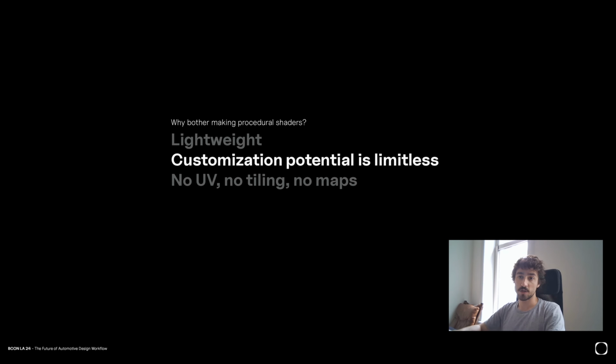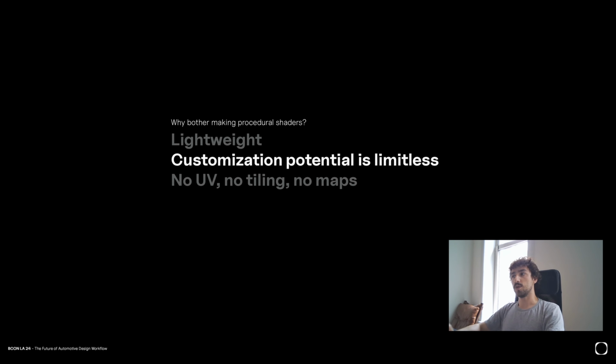Then the customization. Since you can describe exactly through equations the behavior of the shader, you can really do whatever you want. The only limit is the time you will spend doing them, and also what is actually possible with the math.